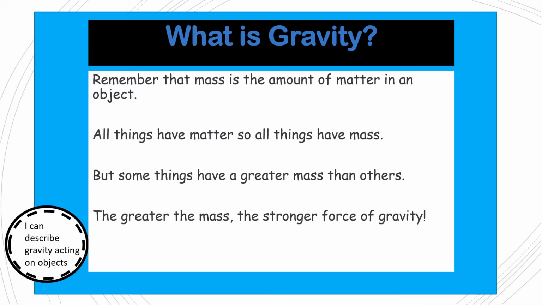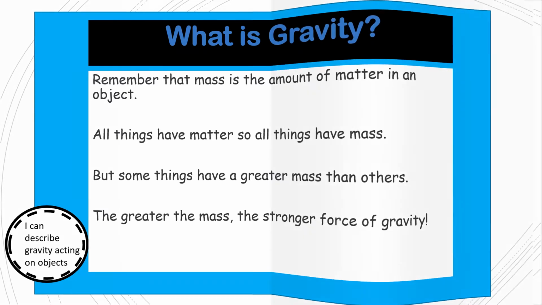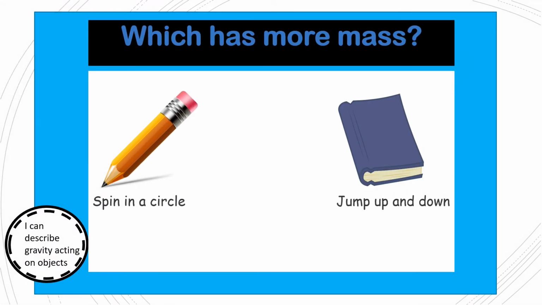What is gravity? Remember that mass is the amount of matter in an object. All things have matter, so all things have mass. But some things have a greater mass than others. The greater the mass, the stronger the force of gravity. Which has more mass?